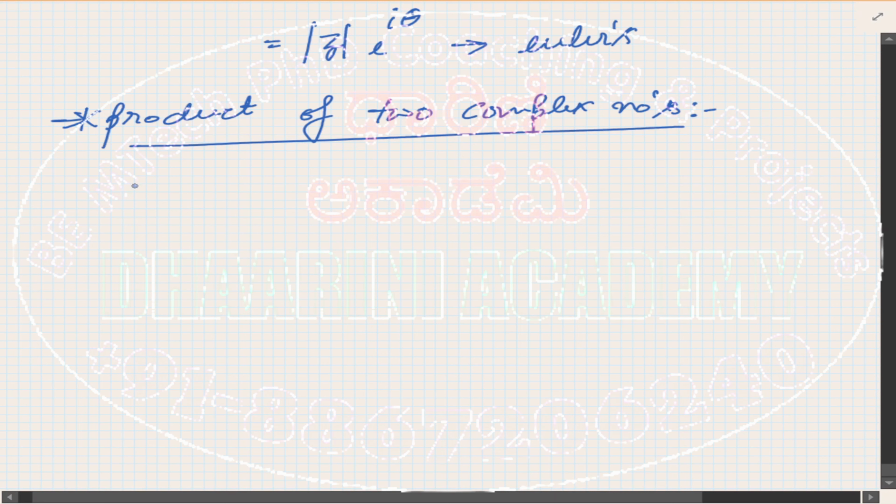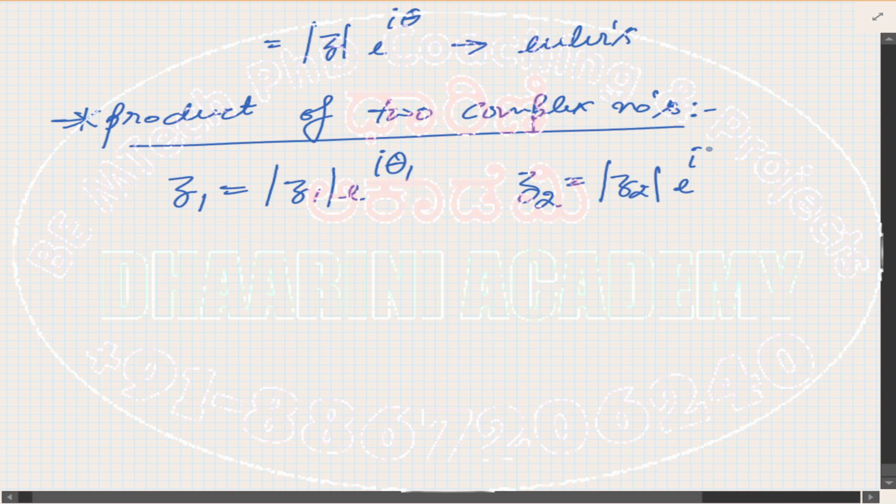Let's say we have two complex numbers, z1 denoted by magnitude z1 e to the i theta 1, and another complex number z2 equal to magnitude z2 e to the i theta 2, right?